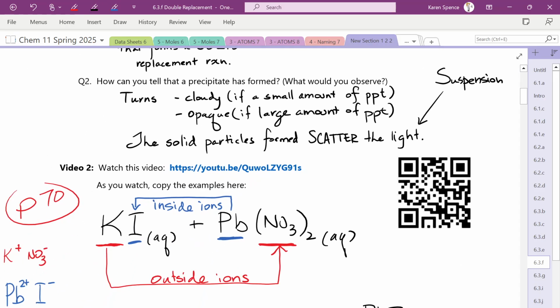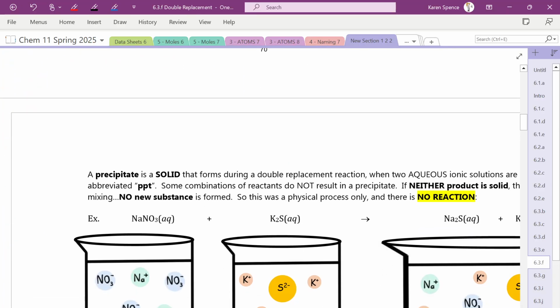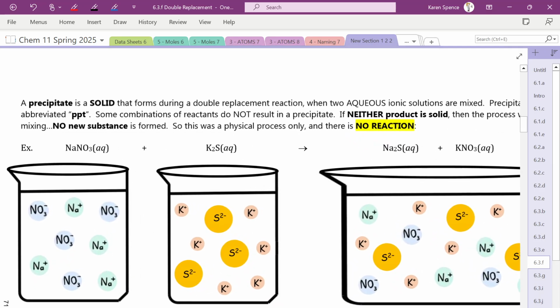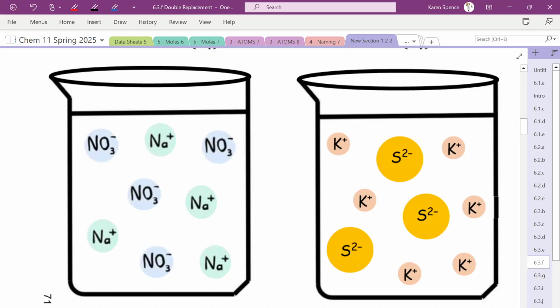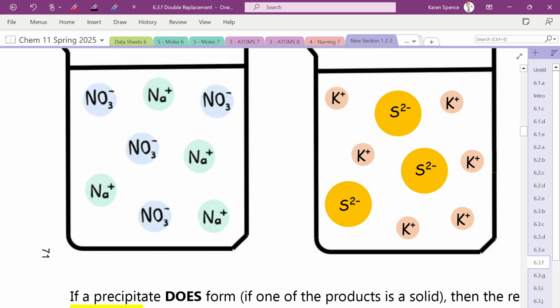Okay. So now what we're going to do is look at the picture on the next page, because this is going to show us what happens on a particle level. Okay? So here we have our sodium nitrate. This is an NaNO3 solution.